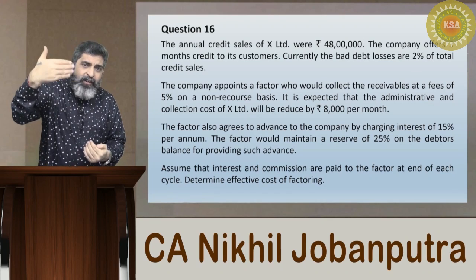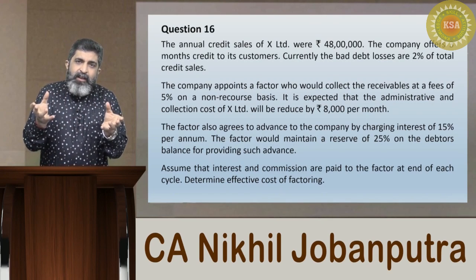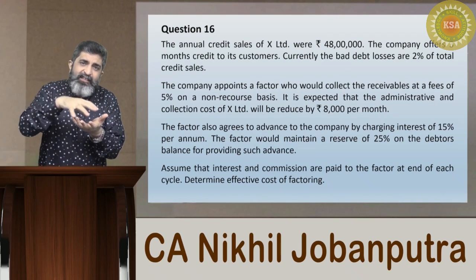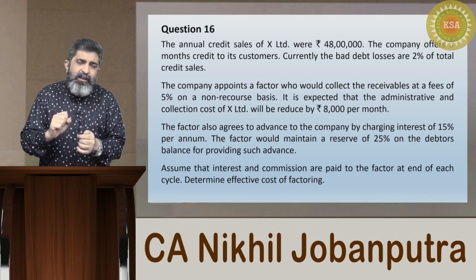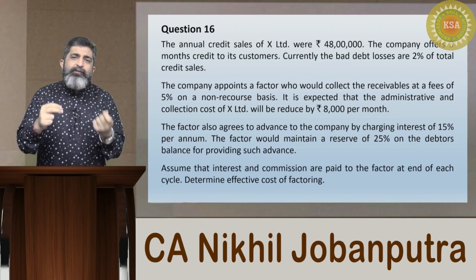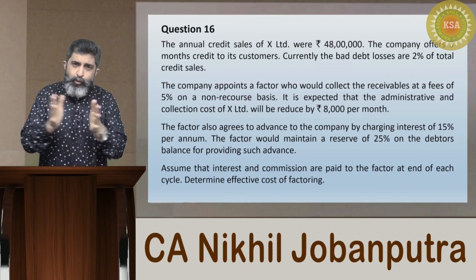So all your costs minus all your savings, you arrive at the net cost, and that net cost for the entire year is the cost incurred for having an advance of 9 lakhs from the factor. You can take the cost divided by 9 lakhs, and that will give you the cost of factoring on an effective basis throughout the year.